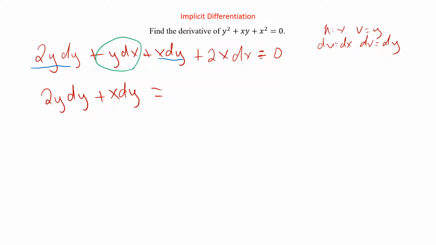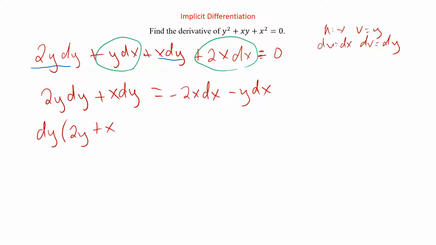We have y dx is going to move, and a 2x dx is going to move. So we subtract minus 2x dx and minus y dx. Everything on one side has a dy, everything on the other side has a dx. We're going to factor out the dy's and dx's. So we'll have a dy times what's left, 2y plus x equals, factor out dx, what's left, negative 2x minus y.